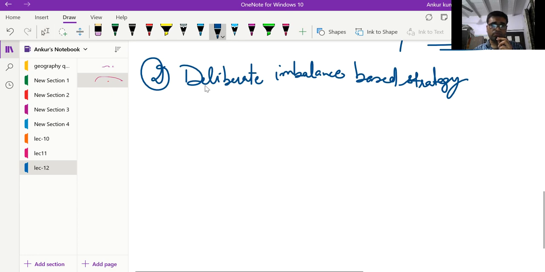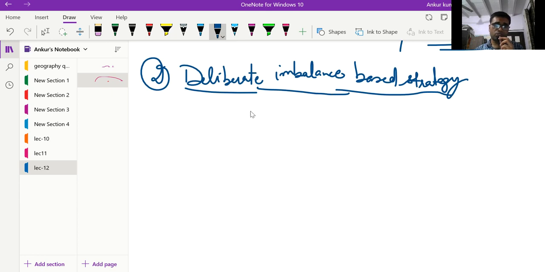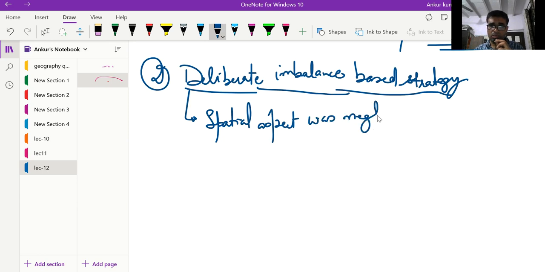Because the program was not implemented spatially equally across India. The spatial aspect was neglected, but there was a reason for introducing this deliberate imbalance based concept. Why was this deliberate imbalance adopted?